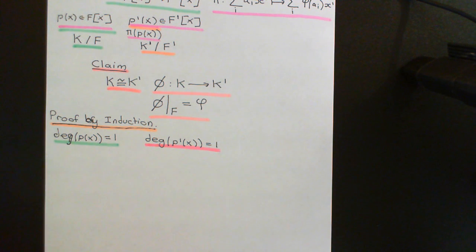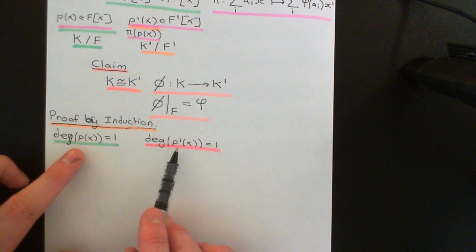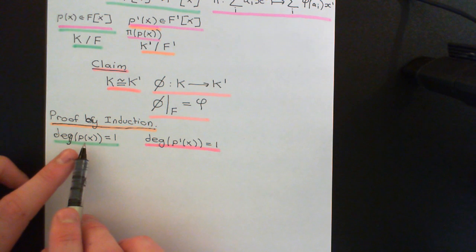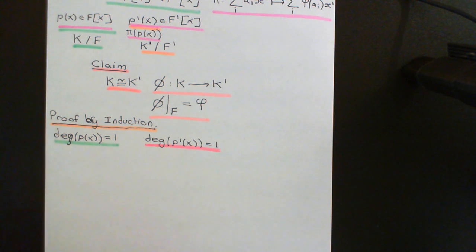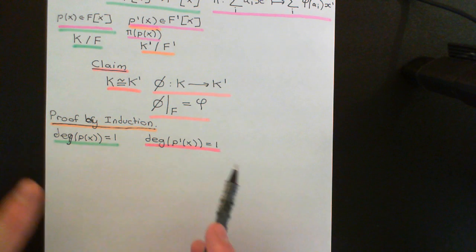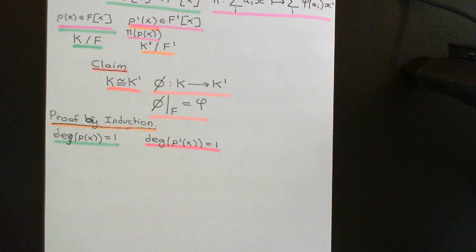Right, so both P of X in the ring of polynomials over F of X and P prime of X in the ring of polynomials over F prime, both of them will have degree 1. Now we know that if we have a polynomial of degree 1 and we're generating splitting fields for those polynomials, well, we don't need to bother.